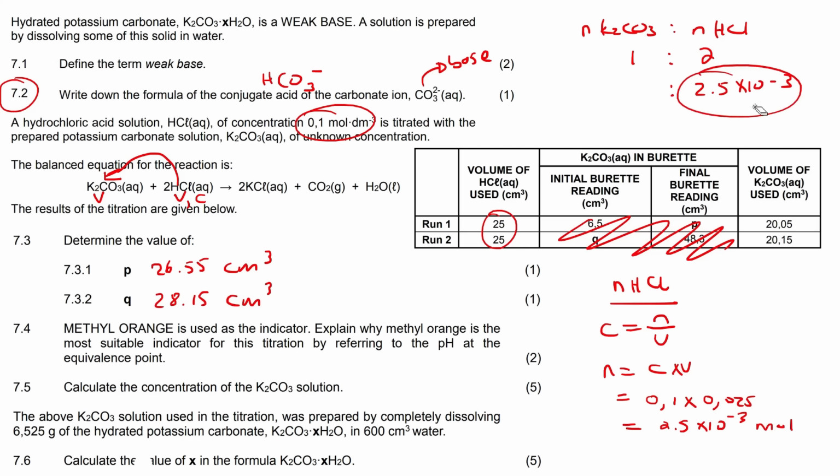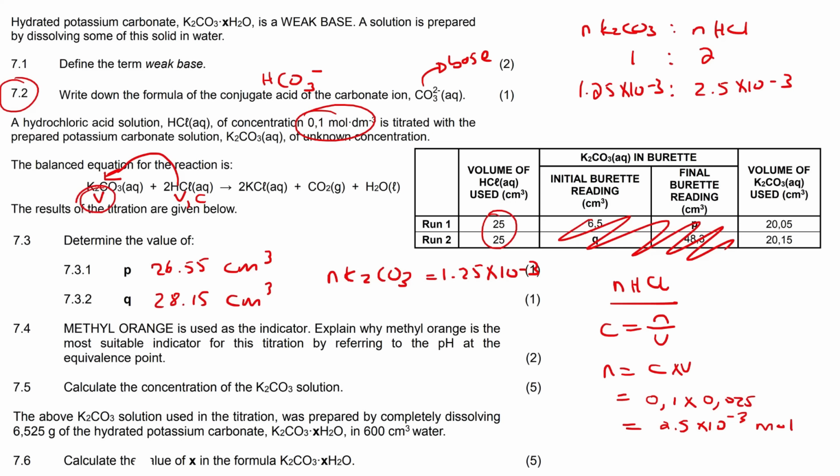So I can just divide this number by 2, and we get 1.25 times 10 to the minus 3. So the moles of K2CO3 is going to be 1.25 times 10 to the minus 3.